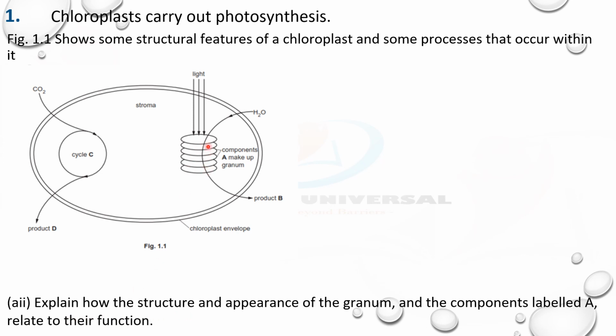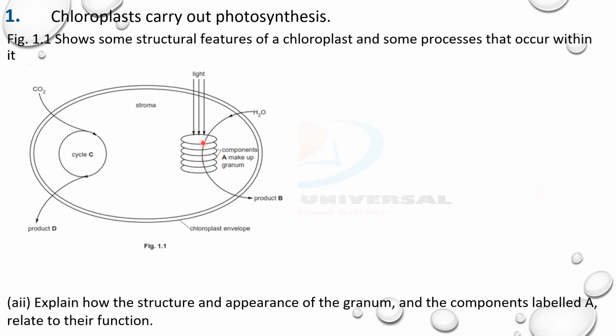Don't forget that granum consists of thylakoids, many thylakoids stacked. So this granum provides a large surface area. Why does it provide large surface area? Of course, for light absorption.